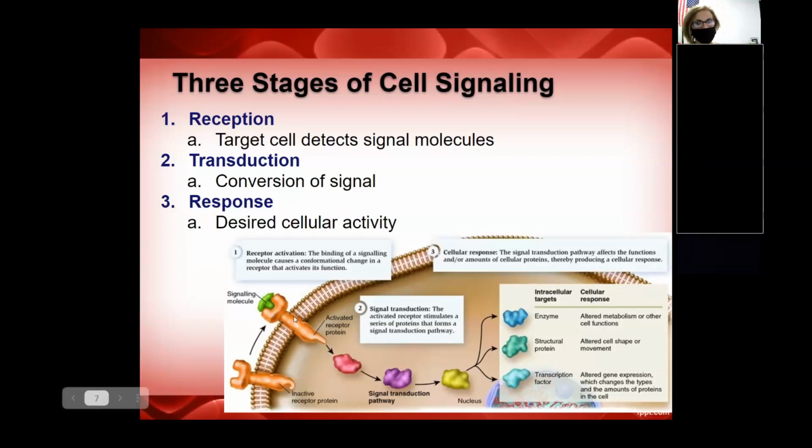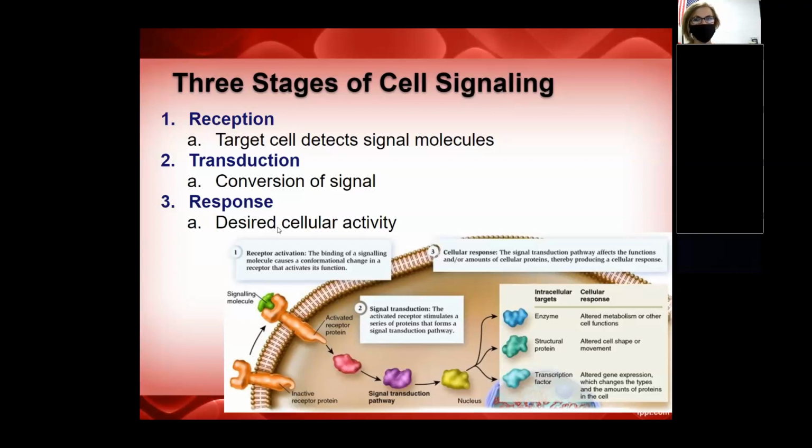So you got a receptor protein that receives a signal. Remember the word ligand. So a signaling protein might bind with the receptor protein and then cause a response in the cell membrane. So we refer to that as a ligand. Transduction is that relay of information inside of the cell. So the conversion of the signal from this protein to something that the cell can recognize and respond to.